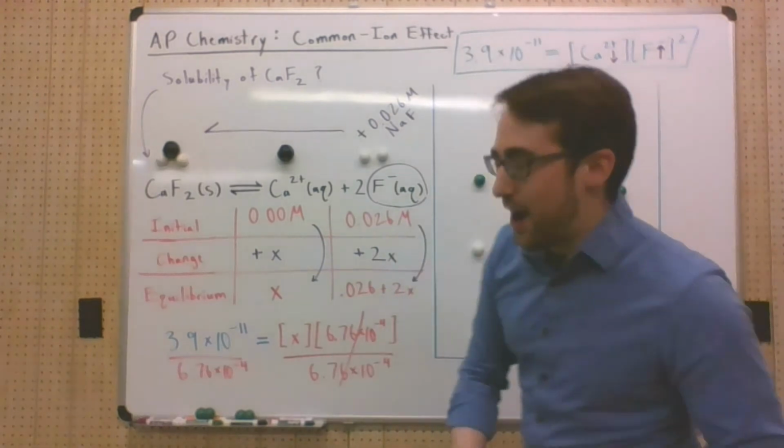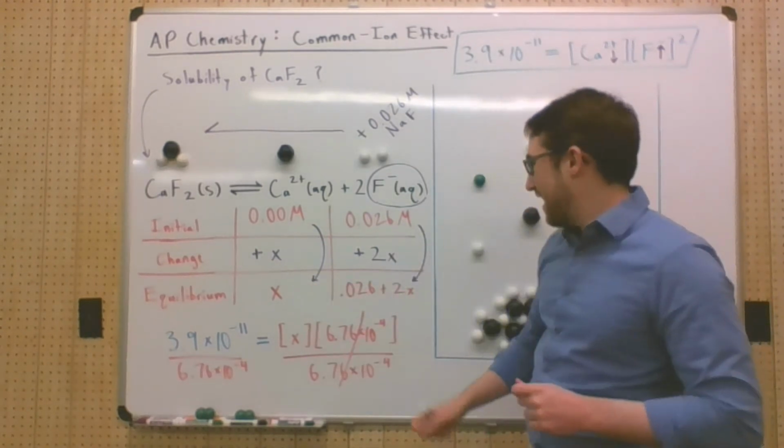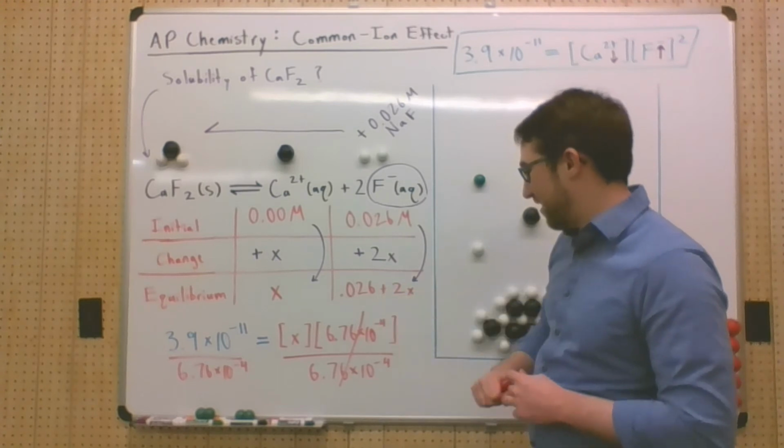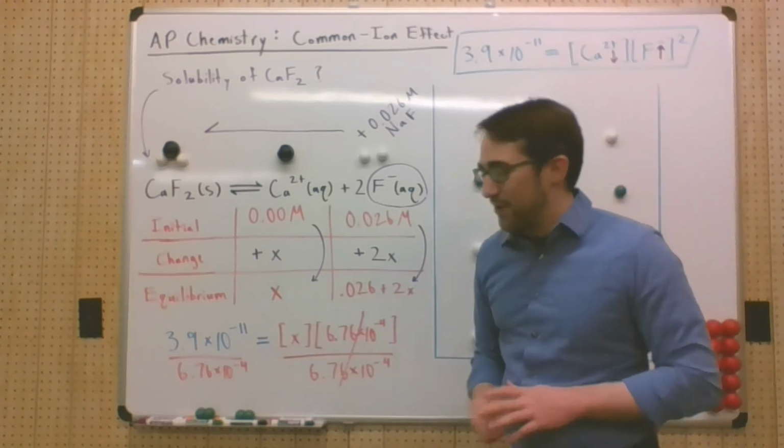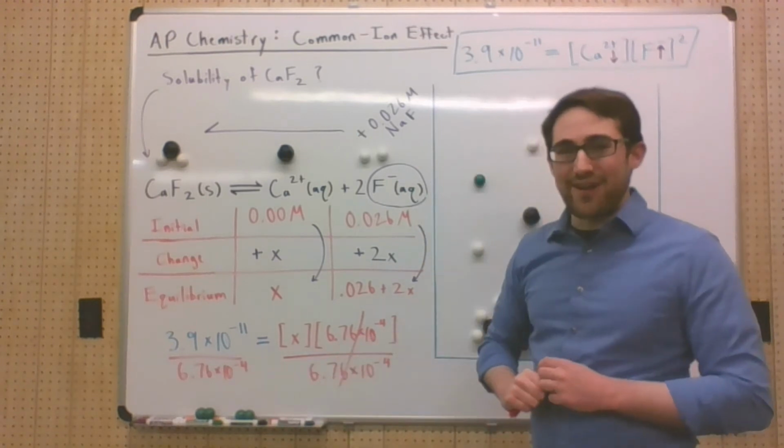So our x, our concentration of Ca2+, is going to be 3.9 times 10 to the negative 11th divided by this guy right here.